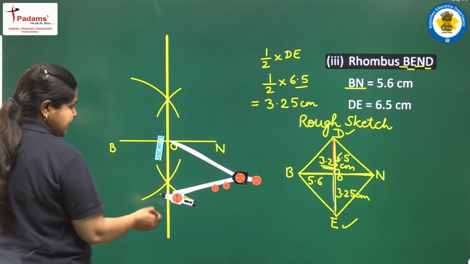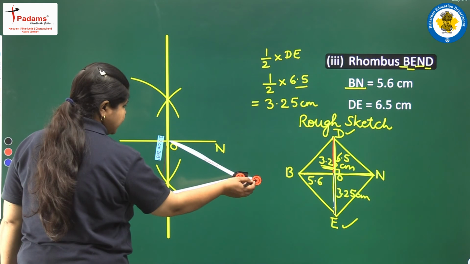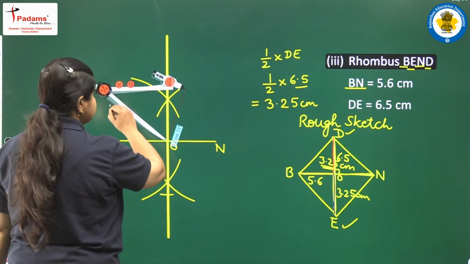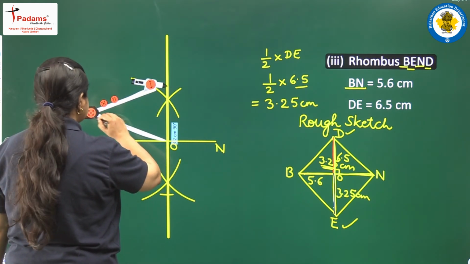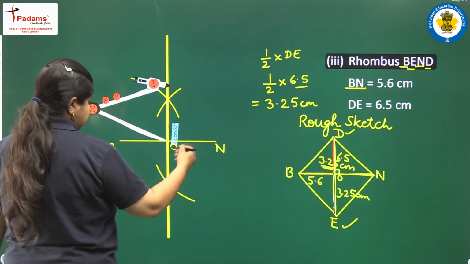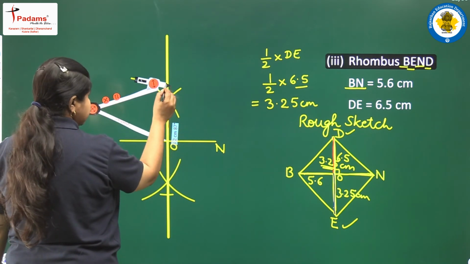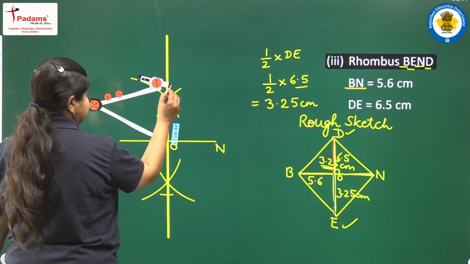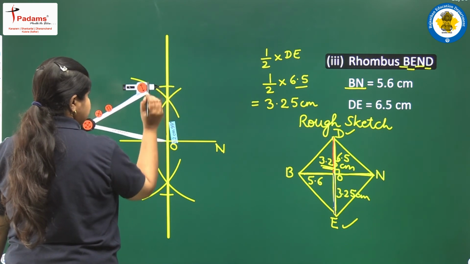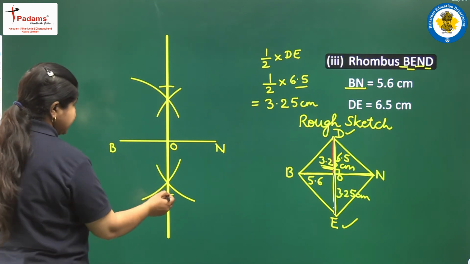We get this point as E. Now what we will do? With the same radius, we will draw one arc above BN in this way. So we get these 2 points.